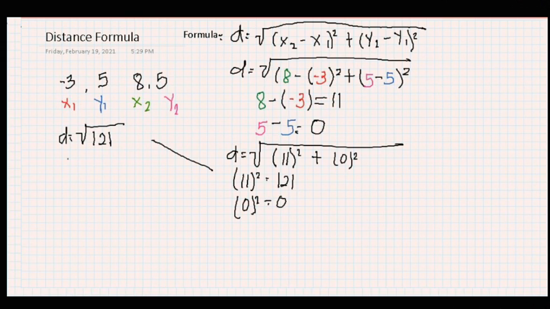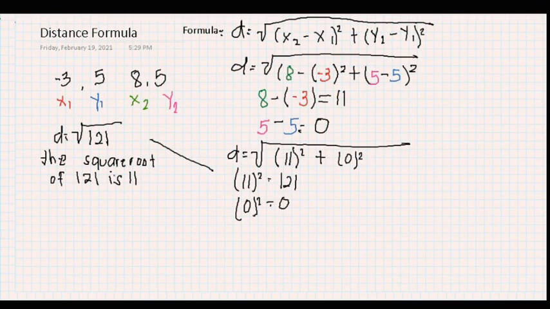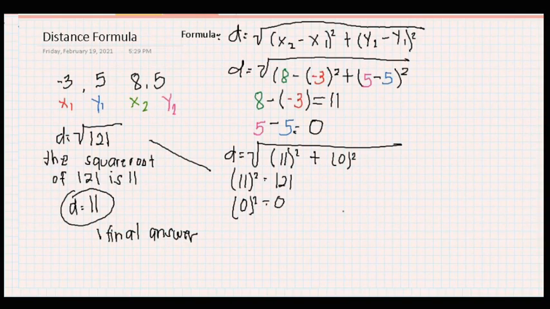Next, d is equal to the square root of 121 plus 0, which is 121. So now, d is equal to the square root of 121 is not our final answer because 121 has a square root which is 11. So now, our final answer is d is equal to 11.